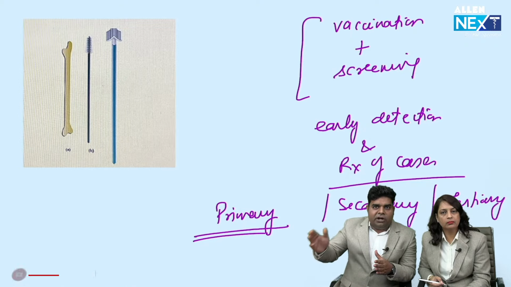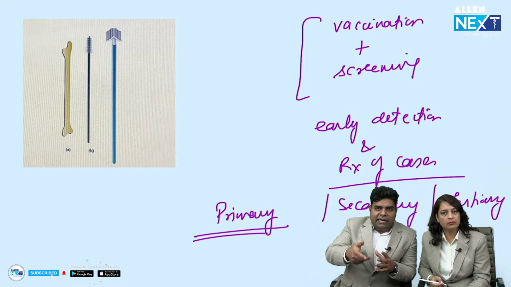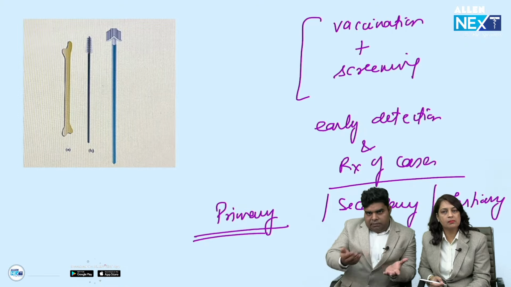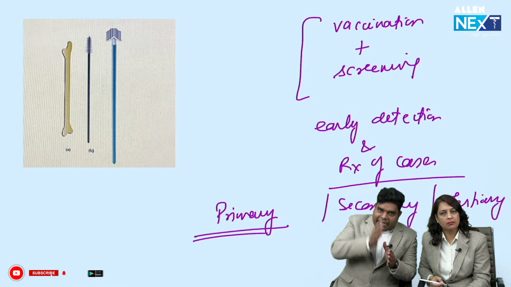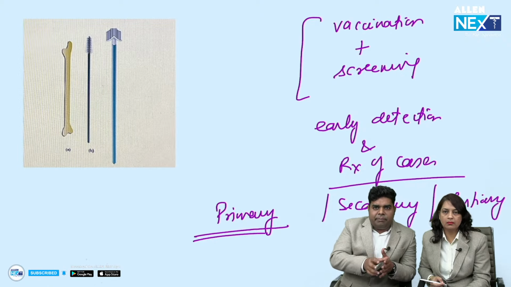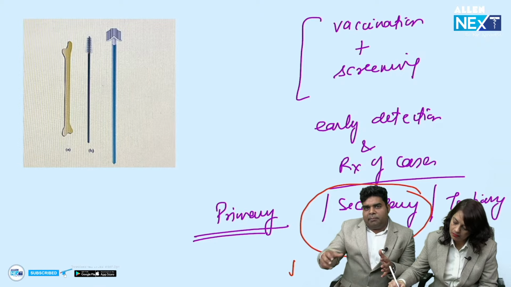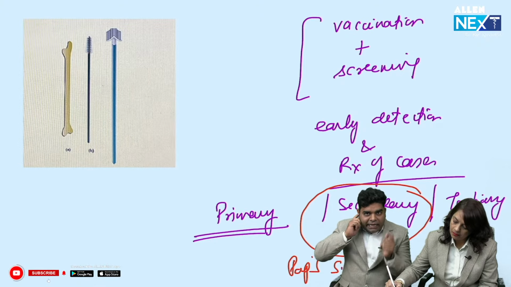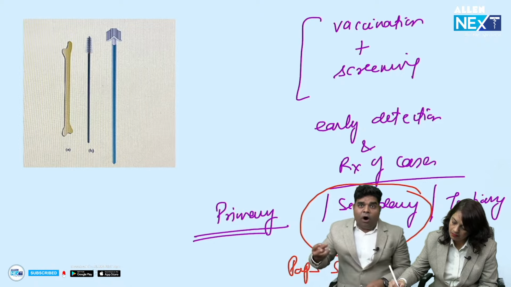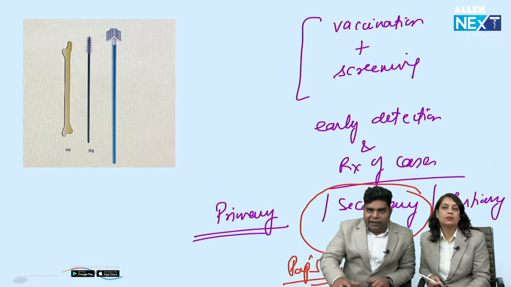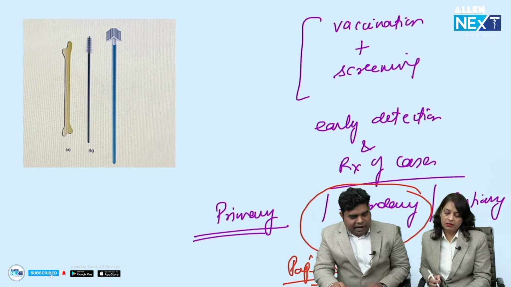So glasses will be tertiary, but LASIK surgery, which is treating the refractive error, is secondary. So early screening and treatment will be secondary, but if we are doing something to make the person self-dependent, that is tertiary. For example, a hearing aid will be tertiary and a cochlear implant, which is the treatment, will be secondary. So pap smear will come under secondary.